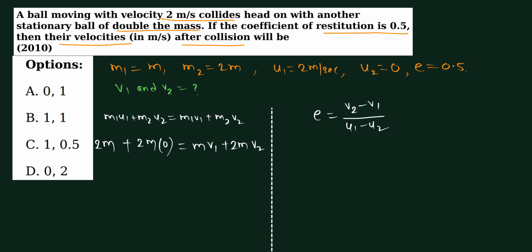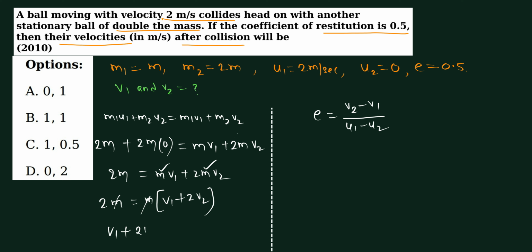So 2m into 0 is 0, giving m times v1 plus 2m times v2. Take m common, and m cancels on both sides. Then the equation is v1 plus 2v2 equals 2. Let us say this is equation 1.